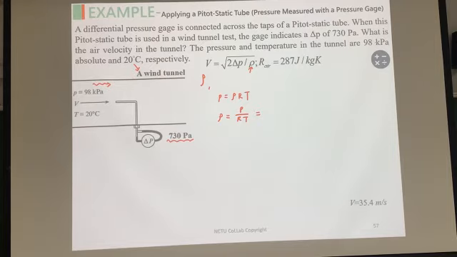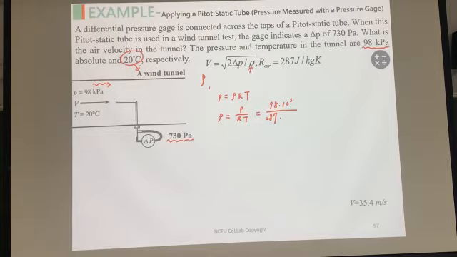And I already told you, the question provides how large the absolute pressure inside is. So we know the absolute pressure is 98 kilopascal, so here it is times 1,000. And the gas constant is 287.